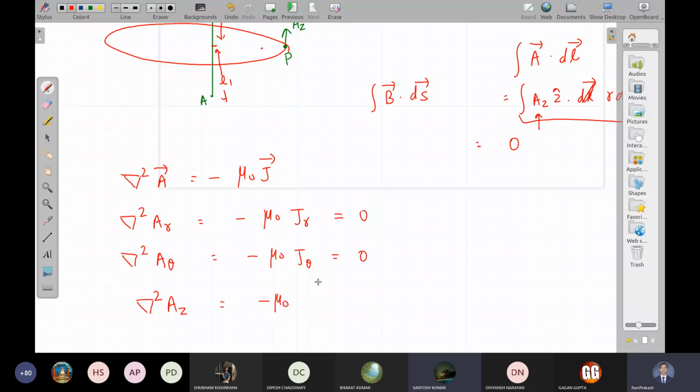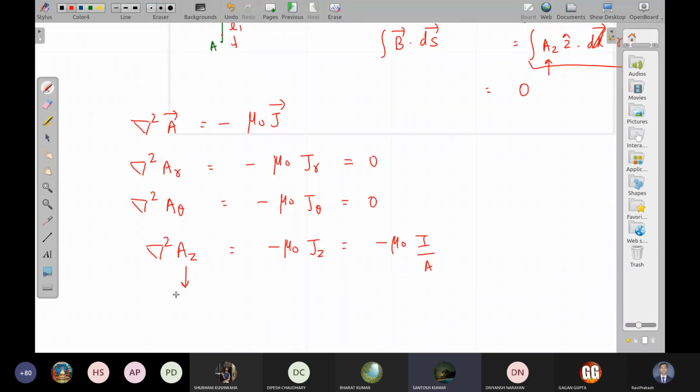J z. How much is Jz? I upon A, let us say this wire has some very small area A. So this is the component z. So what we have, a scalar on this side. We have a scalar on this side also.